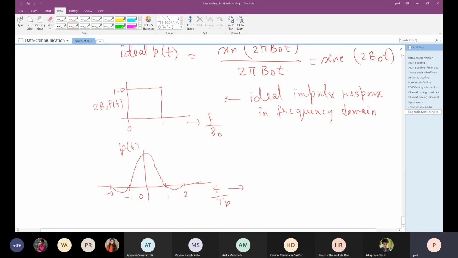Generally, by impulse response we refer to the time domain response, either Hn or Ht, so maybe we should write the frequency response of the impulse function.